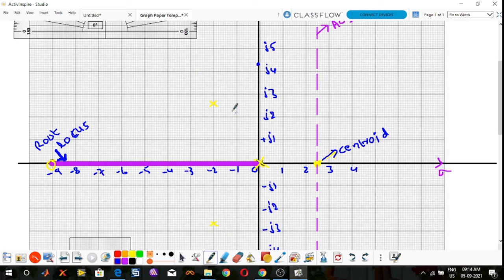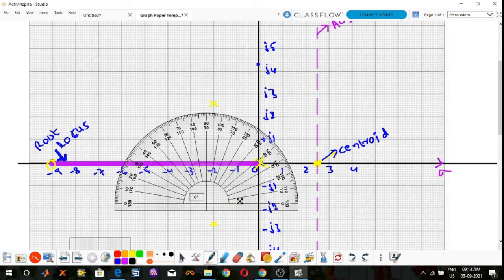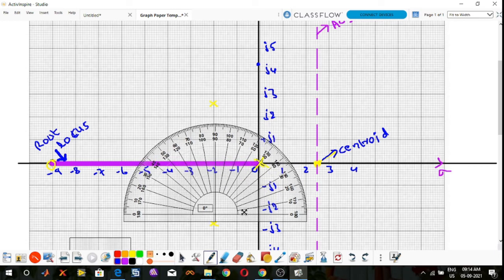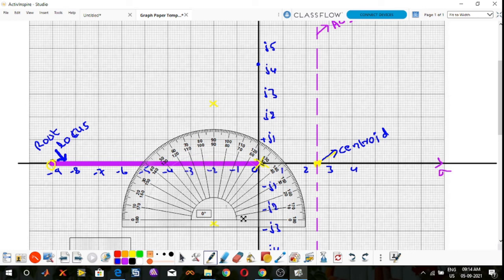At complex pole A, the angle of departure is minus 16.4 degrees. At pole A conjugate, the angle of departure is plus 16.4 degrees.